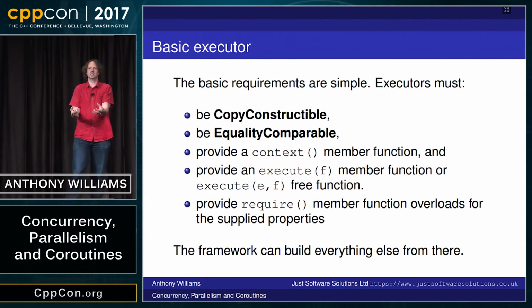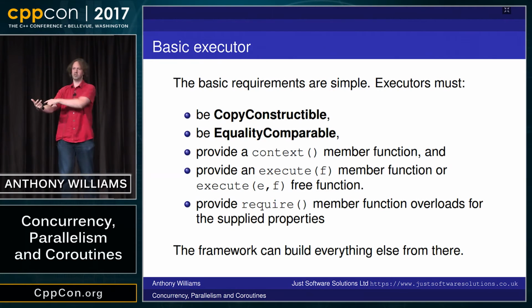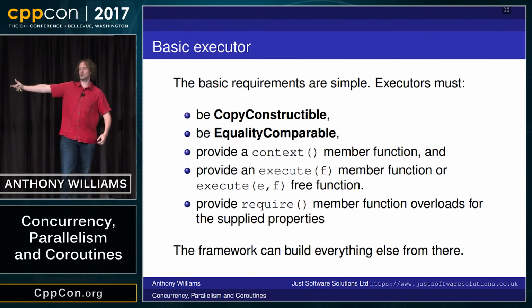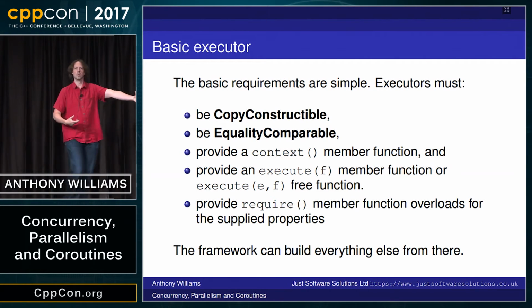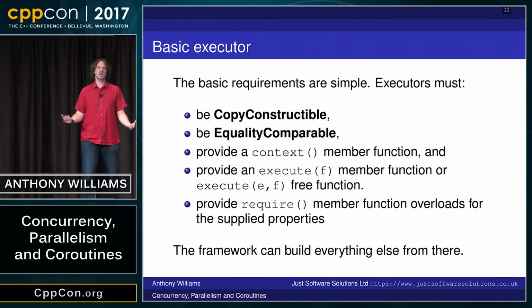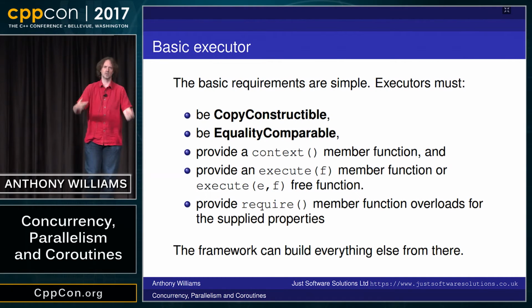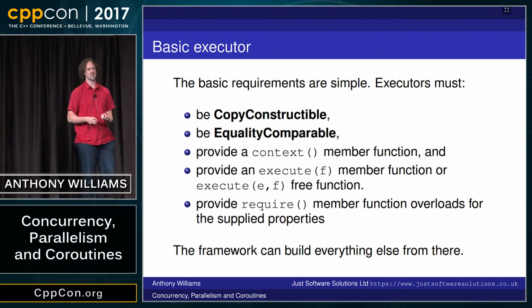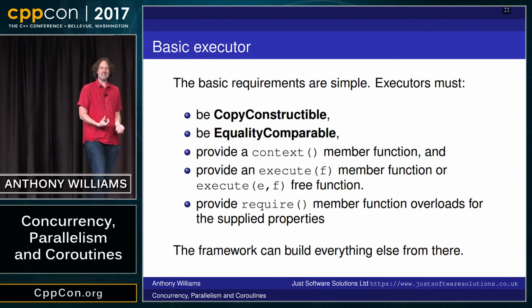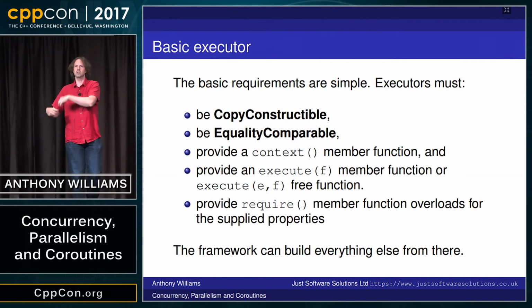And then the executor is something that tells you to run the task on that thread pool. So you can pass around your executor because it's just a handle. And you can copy that around willy-nilly, and any thread that has a copy of that executor can then launch a task on that thread pool, which is what the context fundamentally is. But the details of what a context is are specific to the executor type.